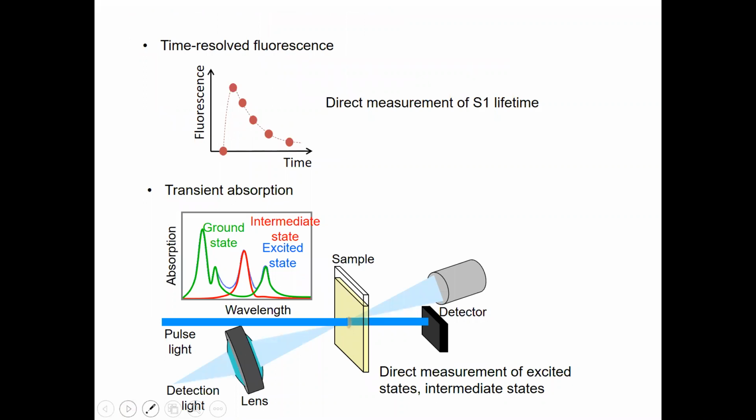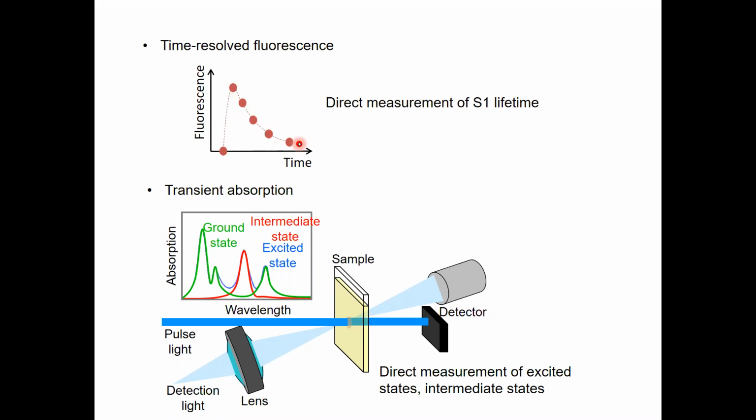So one of them is called time-resolved fluorescence, which is where you could observe the fluorescence response in time directly, which is the direct information of the singlet state lifetime, right?